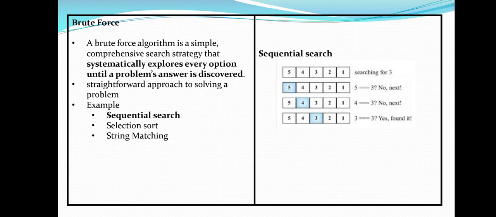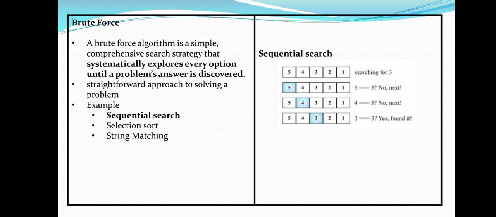So the first one is sequential search. In sequential search, we have a set of numbers, and there is a number which is the search element. It may be present or it may not be present in the list. So we have to search one by one. Since it is a brute force technique, we are using the sequential search. There is no strategy in it.